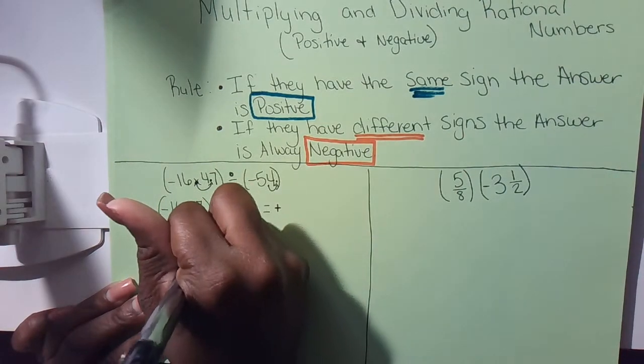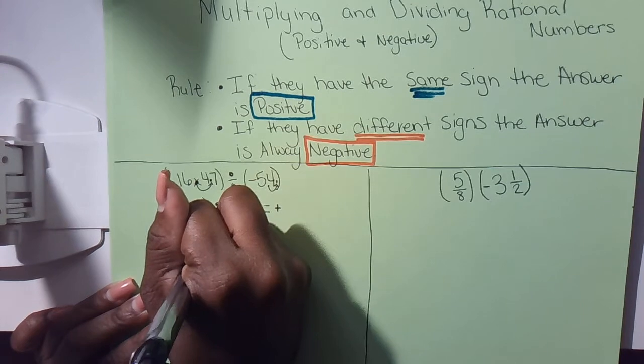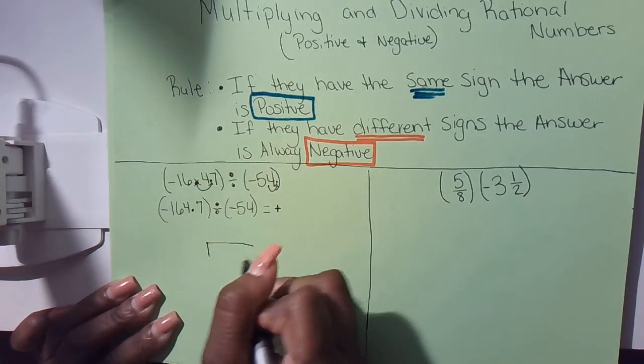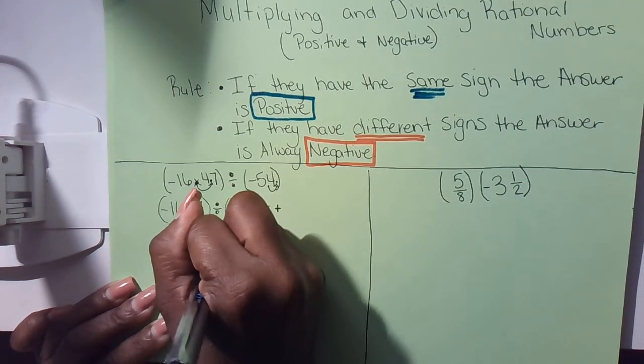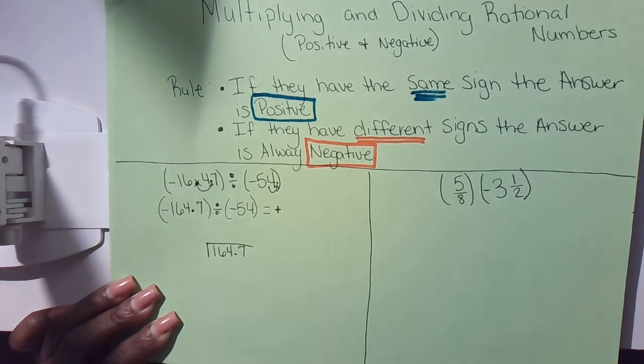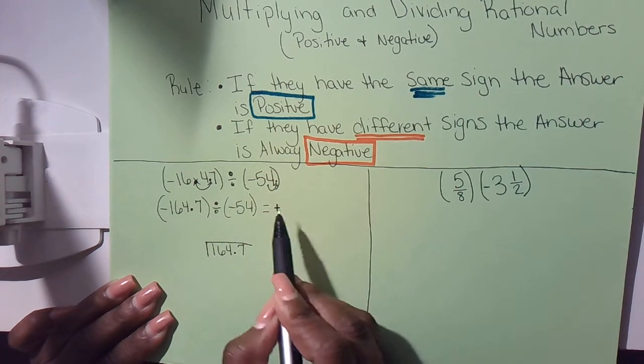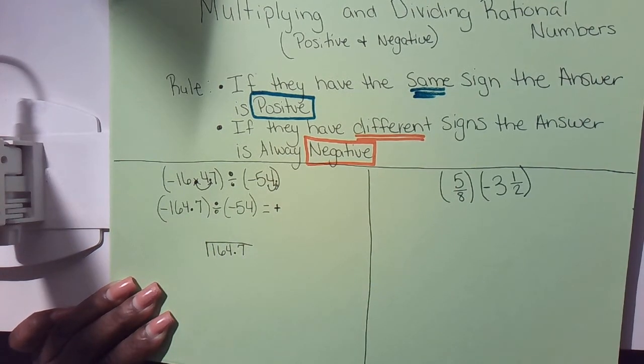So Miss McCall is going to write this in our division. So remembering that the dividend goes inside, so that's 164.7. And notice I didn't put the sign because right now I already know that my answer is going to be a positive. So I can hold off on putting the sign.